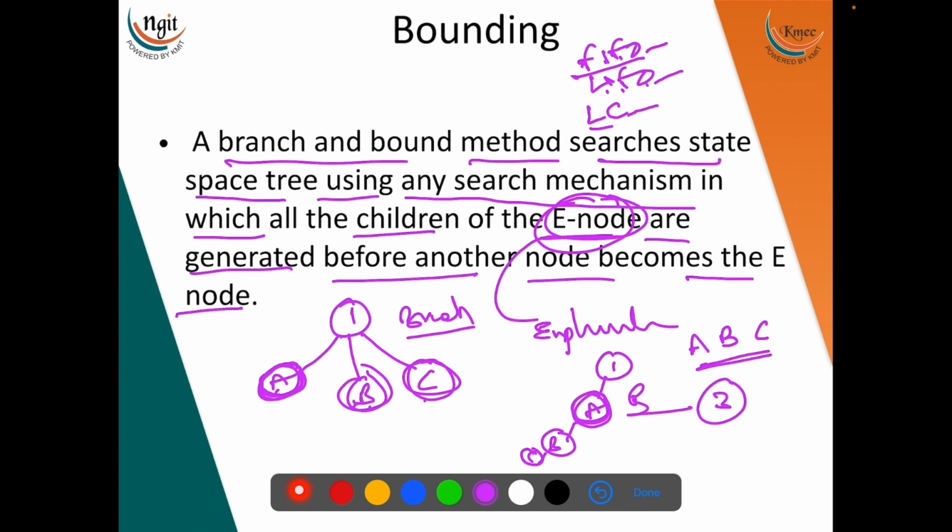Now a cost function C-hat such that C-hat of X is less than or equal to C of X is used to provide lower bounds on solutions obtainable from any node X. If upper is an upper bound on the cost of a minimum cost solution, then all the live nodes X with C-hat of X greater than upper may be killed, as all answer nodes reachable from X have cost C of X greater than or equal to C-hat of X, greater than upper.